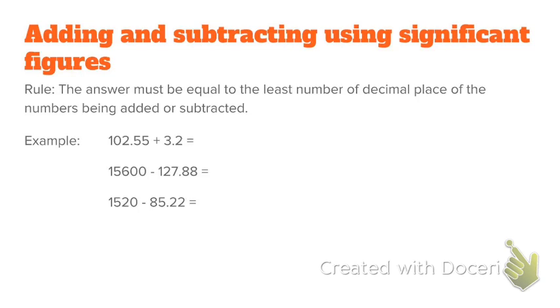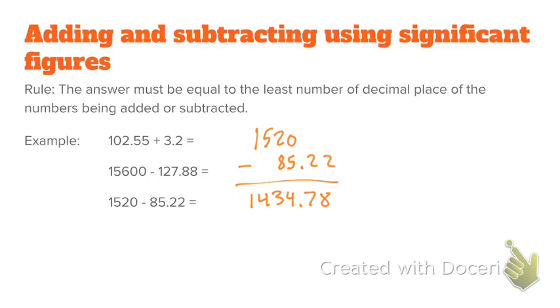All right, so 1520 minus 85.22. Let's do the math first. That is equal to 1434.78.